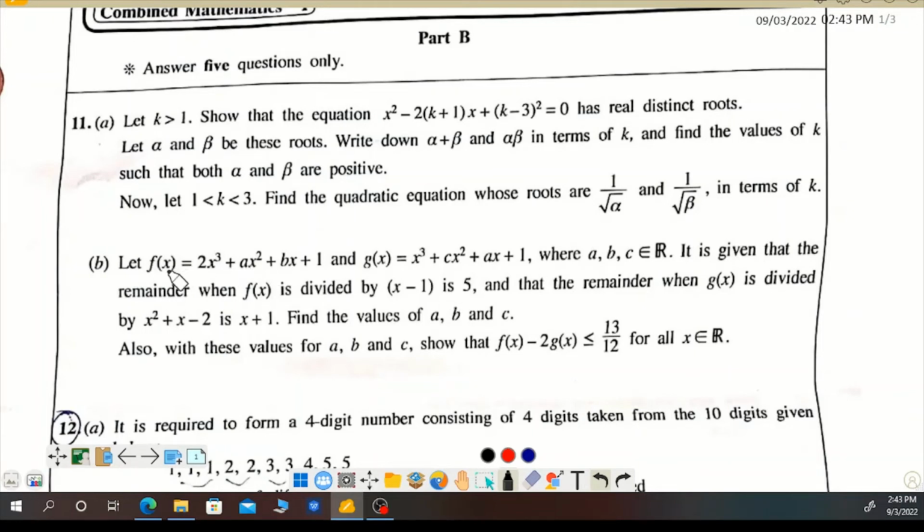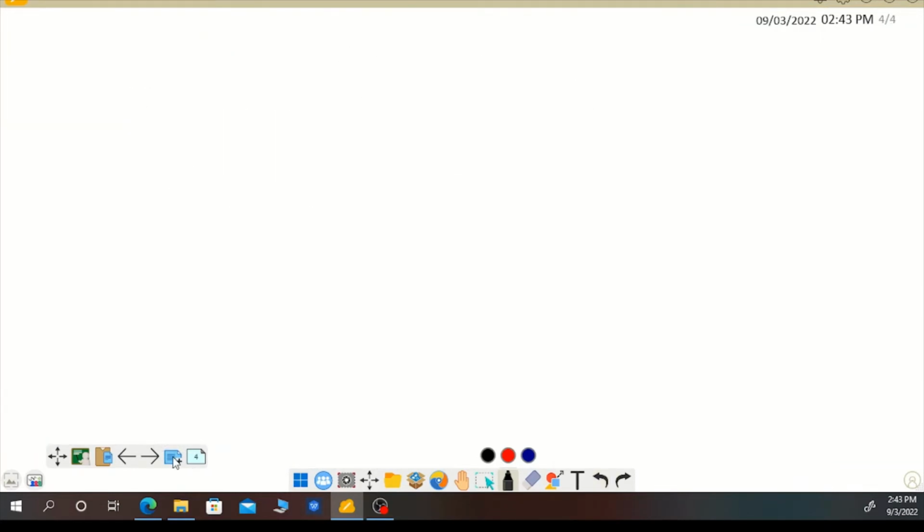So I can write f(x) divided by x minus 1 gives some function, which I can write as p(x). It can be any function; we don't know what it is and it doesn't matter. p(x) times the divisor x minus 1, then the remainder is 5.